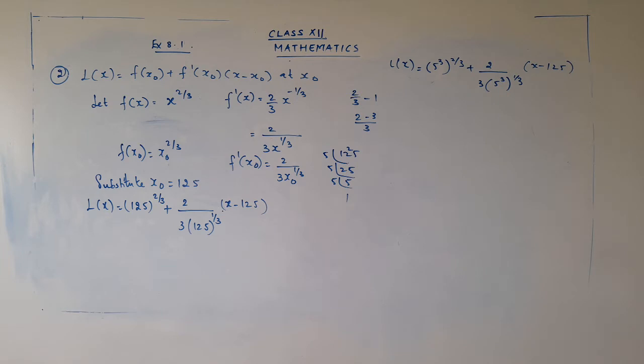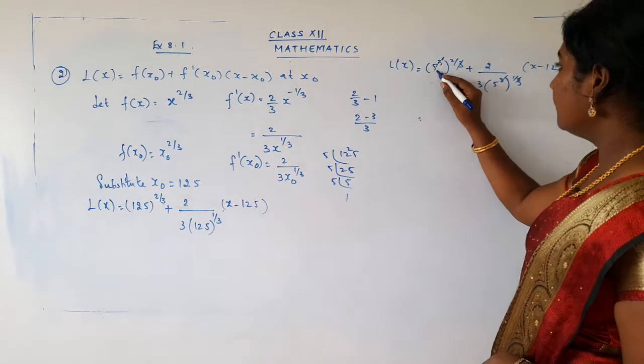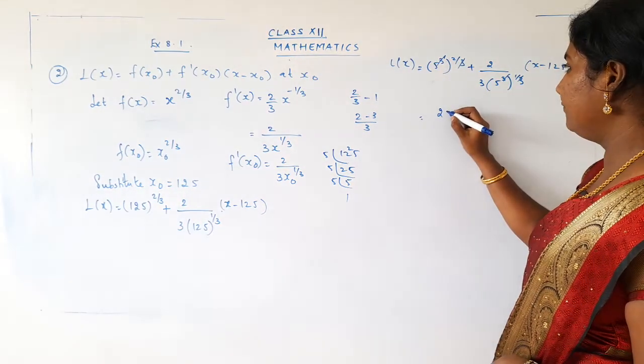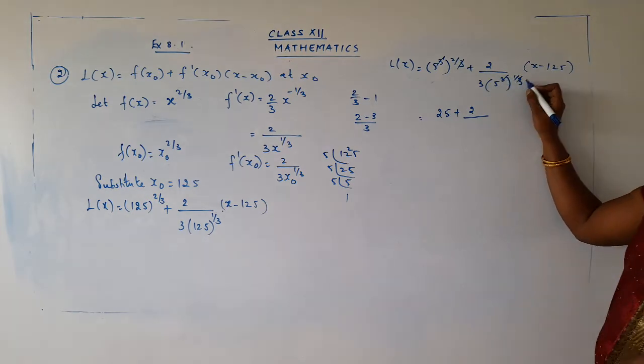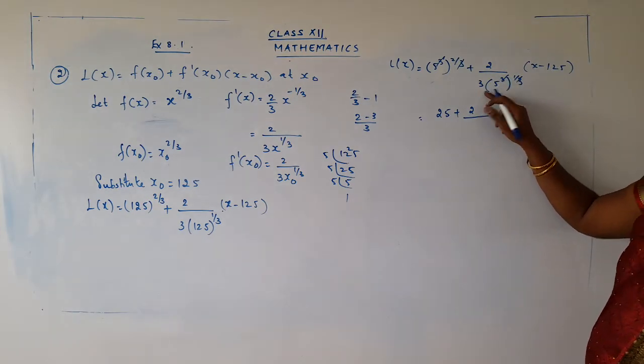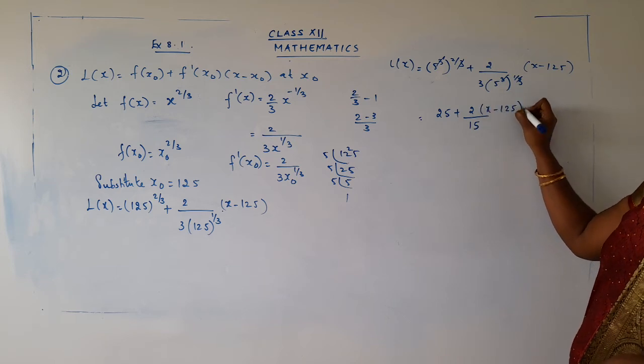Now we are going to simplify this further and see what we get for the value of L of x. The 3 gets cancelled here, so this is 5 square, that is 25. This is 2 upon 3, and 5 to the power minus 1 gives 1 upon 5, so this is 5 and this is 3, so I get 15 in the denominator. So 25 plus x minus 125 upon 15.